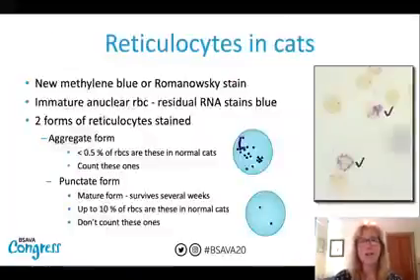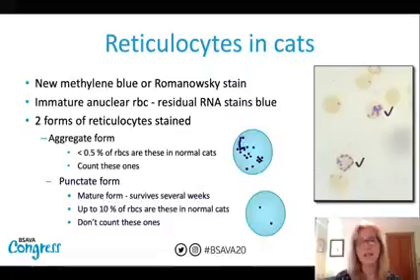And to look at cat blood smears for reticulocytes, the key thing to remember is they actually have two sorts of reticulocytes. So if we stain the blood with new methylene blue, which is the standard stain for reticulocyte counts, we will see that there is uptake in some of the red blood cells that have these nuclear remnants, and that there are broadly two different appearances, what are called the aggregate reticulocytes and the punctate form of the reticulocyte.